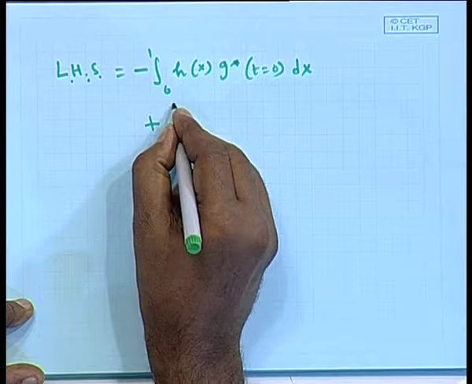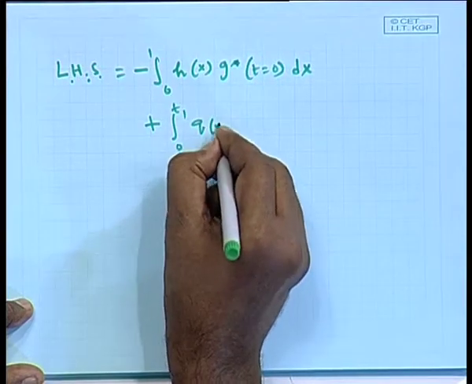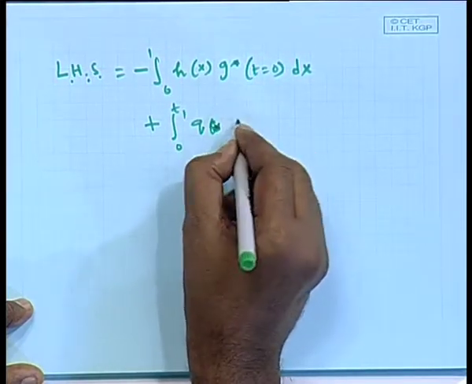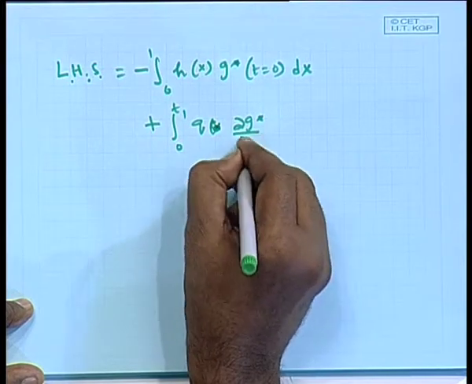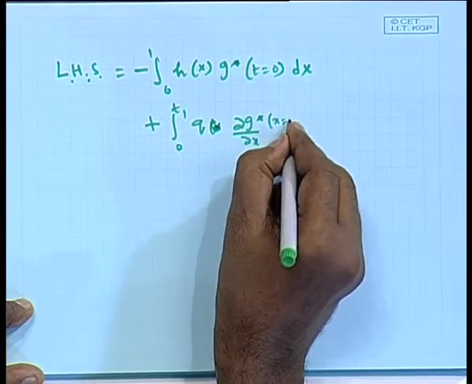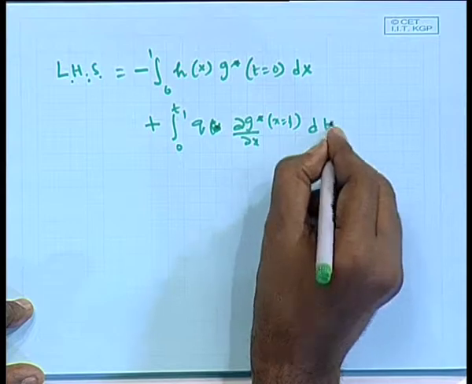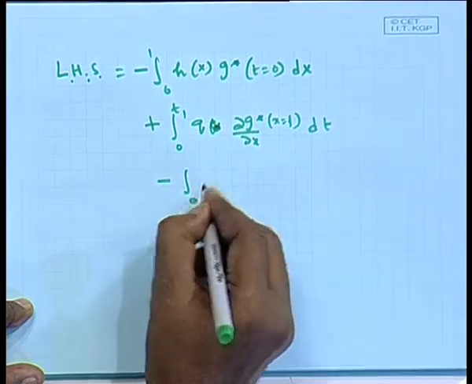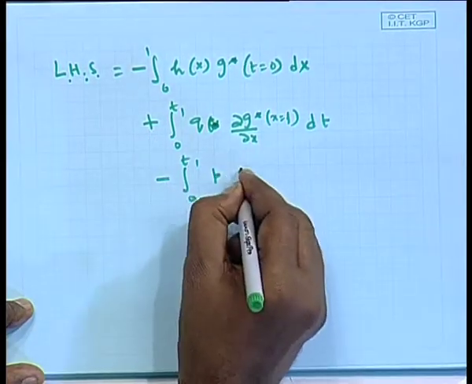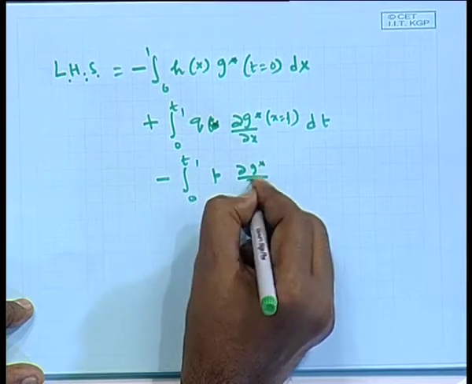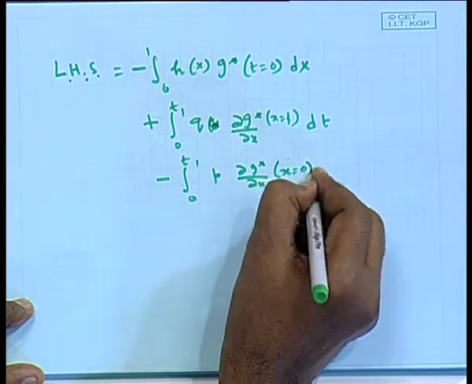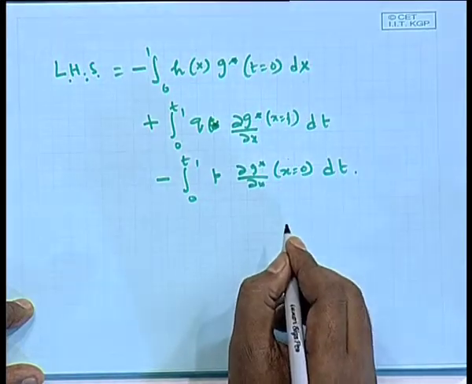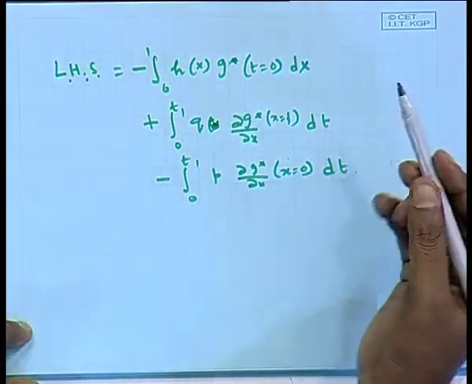plus 0 to t1 q del g star del x at x equal to 1 dt minus 0 to t1 p del g star del x at x equal to 0 dt. That is the left hand side.